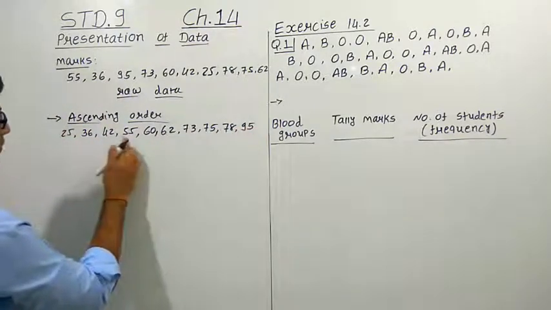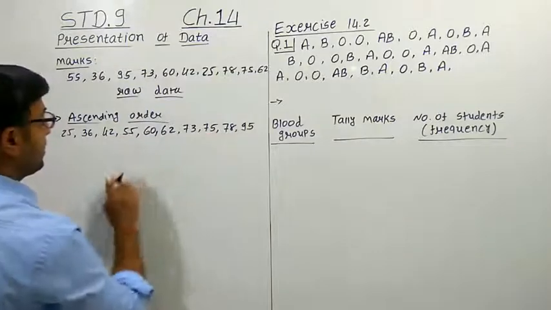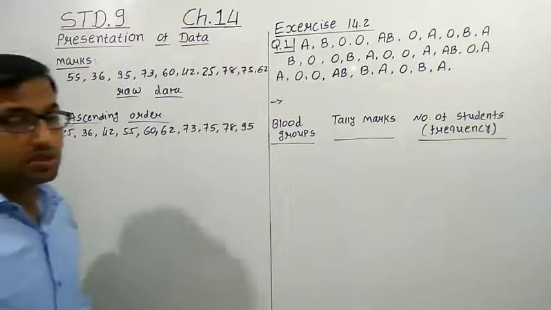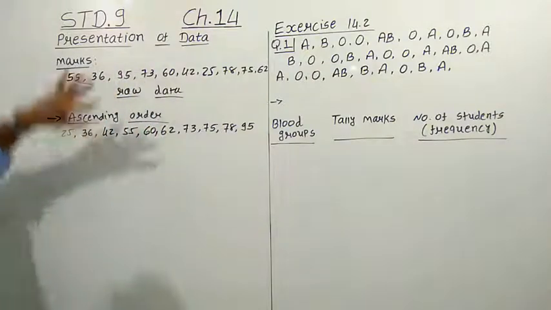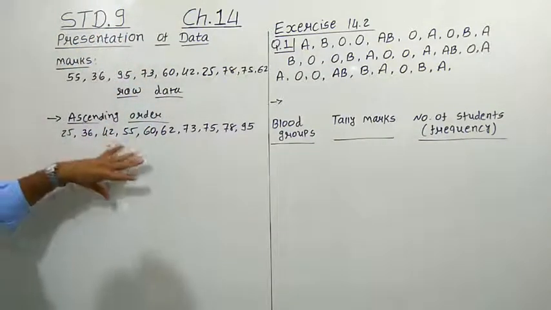See, 1, 2, 3, 4, 5, 6, 7, 8, 9 and 10. So now the data is arranged in ascending form, right?